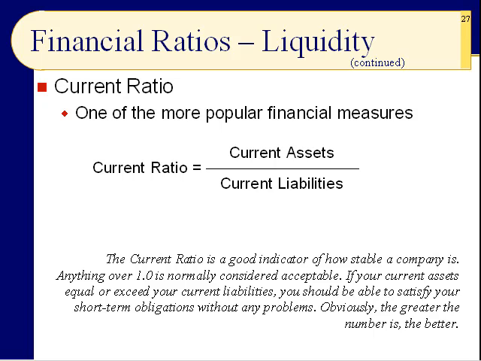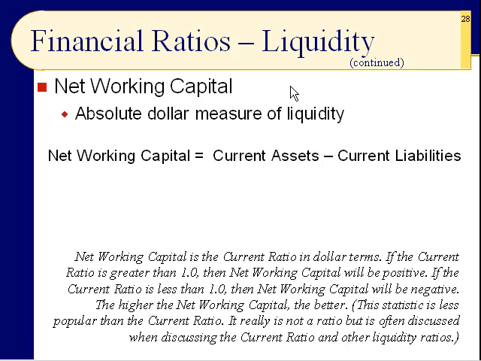But what happens if we take a look at the net working capital? Now, wait a minute. This is not a ratio. So there's the one, as we said, the one outlier. Well, this is the current ratio in dollar terms. So you take the current assets and subtract the current liabilities. So, of course, if the current assets are greater than the current liabilities, it's going to be positive, and if the other way around, it's going to be negative.